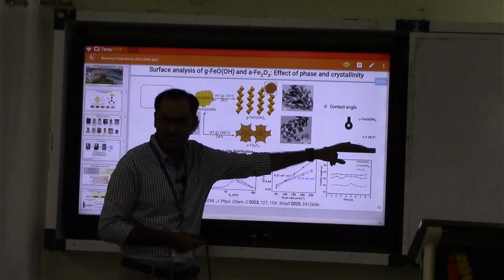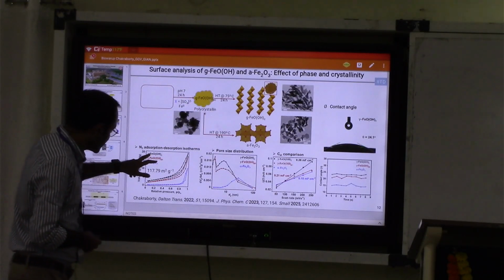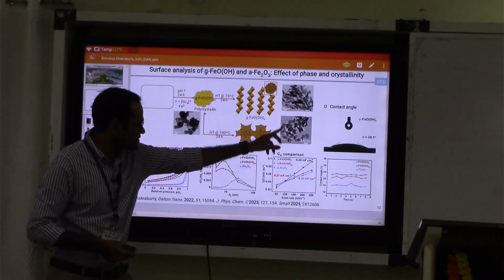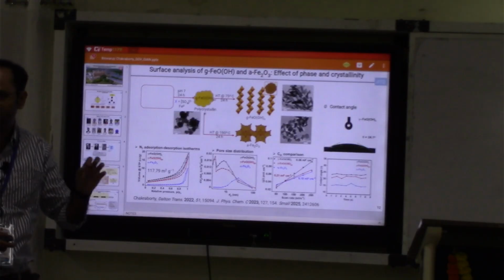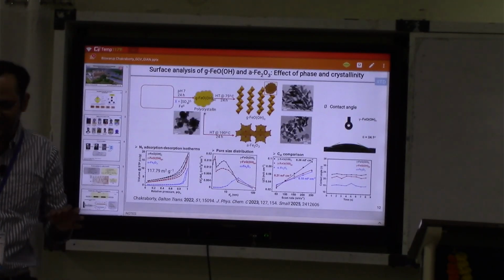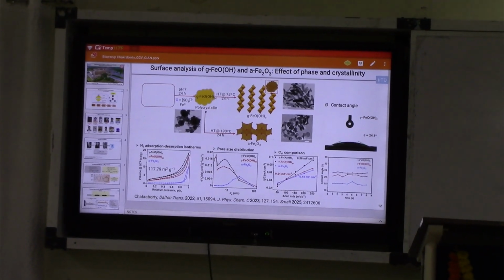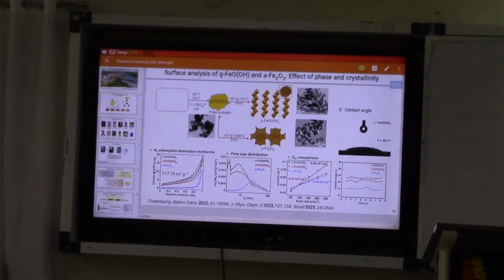So 24 degrees is the acute angle that we got for this gamma FUH crystalline, that is this one. Other angles I am not showing, but they appeared almost hydrophilic in nature, with a slight difference in their contact angle. That means the surface energies of all three materials are comparable. So that we can conclude from this study.